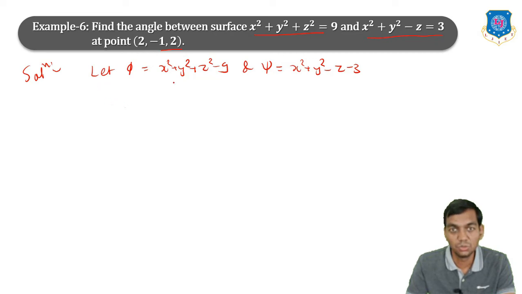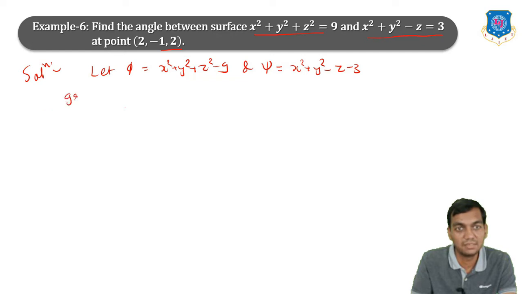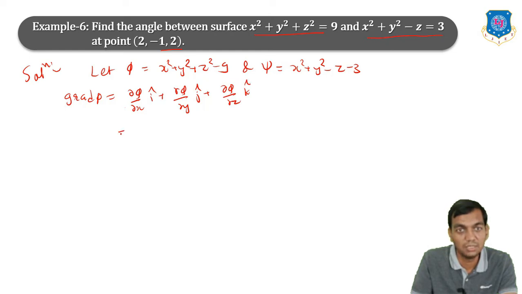Okay. So if you put these values, then you will get the answer. First we are starting with grad phi. Grad phi is del phi by del x into i plus del phi by del y into j plus del phi by del z into k.